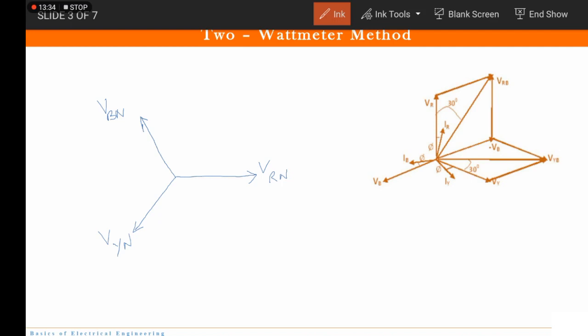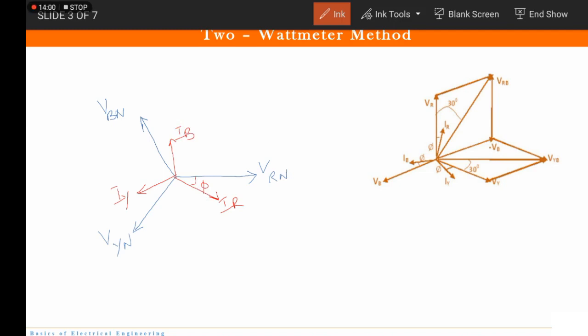Now since we assumed the current to be lagging because the load was inductive, here I would be drawing the corresponding currents. So it is IR. This one is IY. And this one is IB. And this phase shift is phi. All corresponding phase shifts are phi.